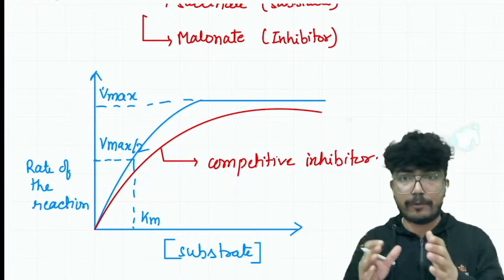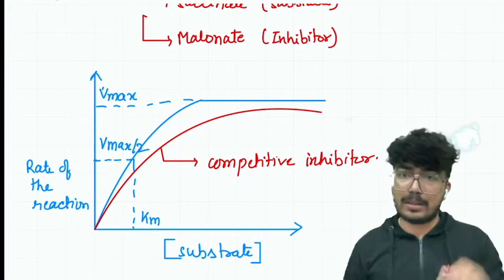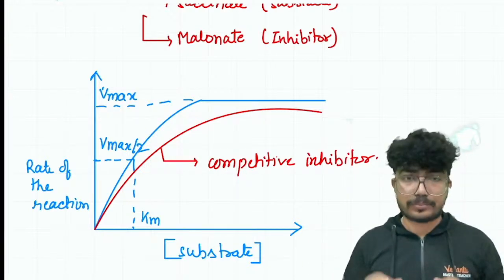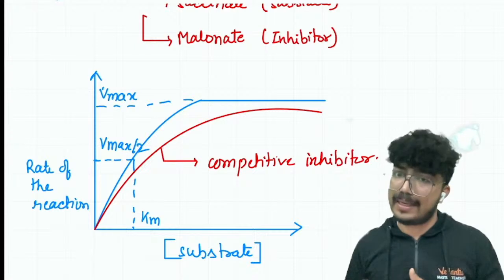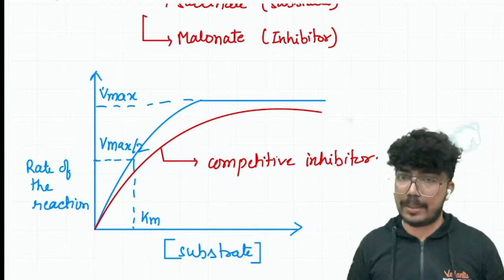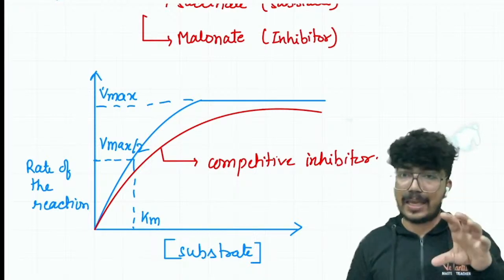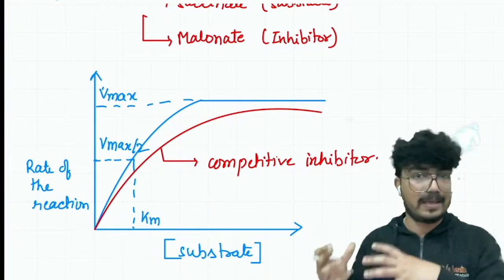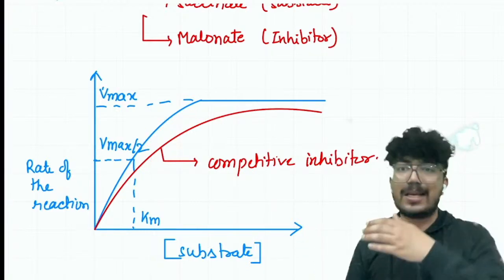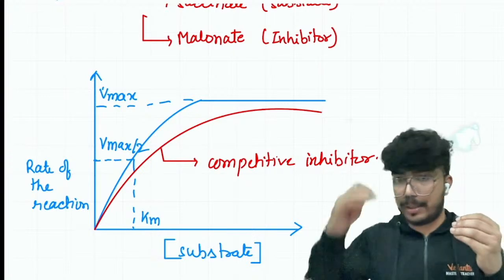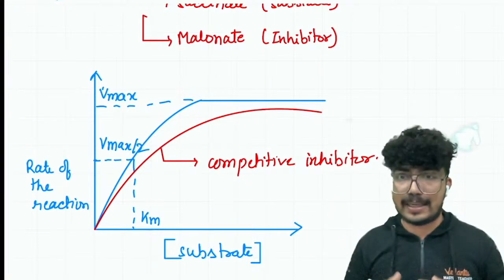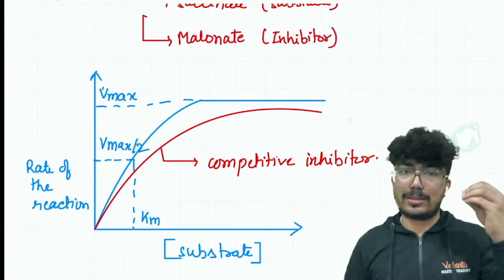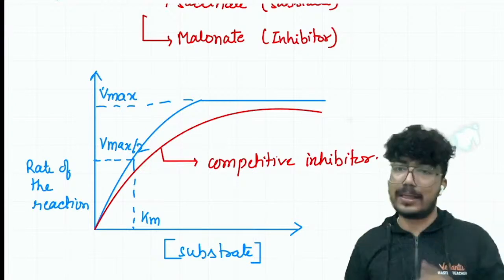So there is going to be a forward shift in the Michaelis-Menten graph, right? The Km value will increase in the presence of competitive inhibitor. As I taught you, the Km value is inversely proportional to the enzyme efficiency. So in the presence of competitive inhibitor, the efficiency of the enzyme decreases. Why? Because the Km value increases.